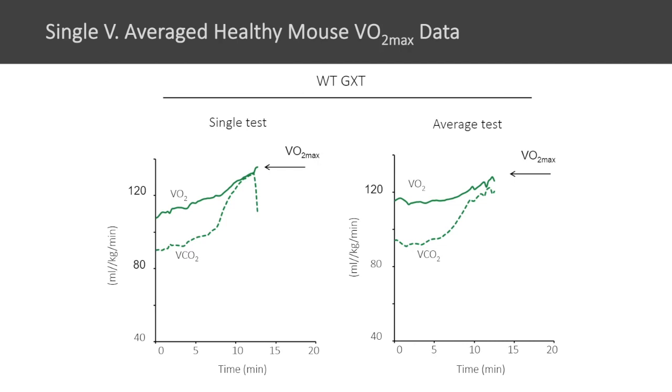If you look at this average test, which has this mouse's information as well as 6 or 7 others, you can see that we lose that intersection at the VO2 max. When you're figuring out the best way to display your data, I think it's important to display the single test if you're trying to talk about the morphology of what's happening to these values every 15 seconds over the course of testing. But the average tests are perhaps best displayed in things like a bar graph, not trying to depict the kinetics of what's going on.